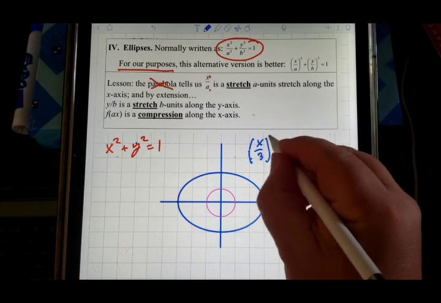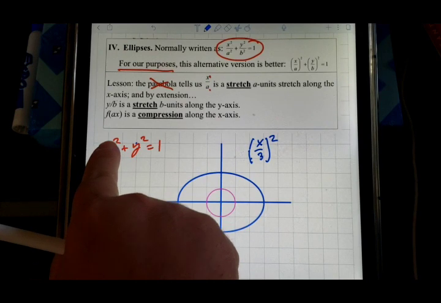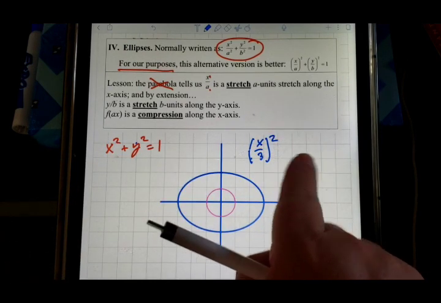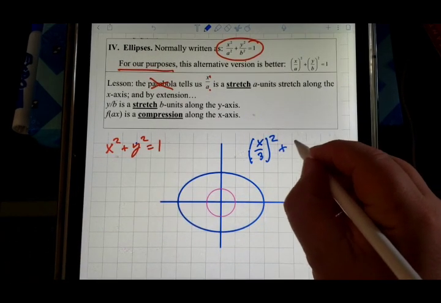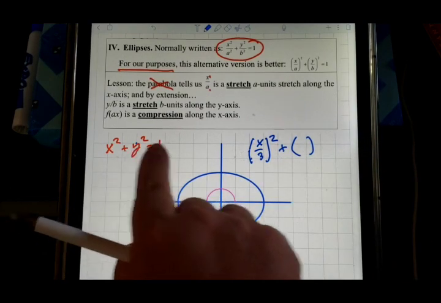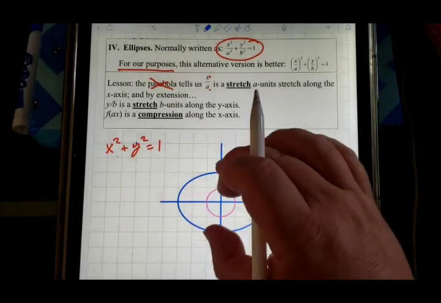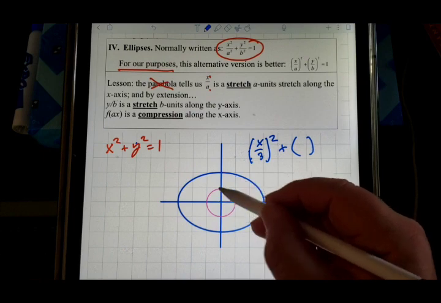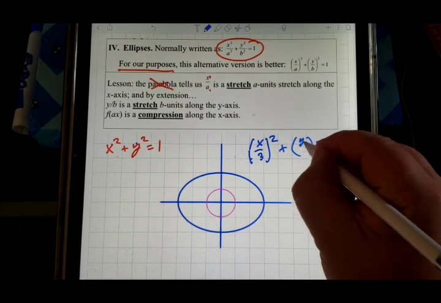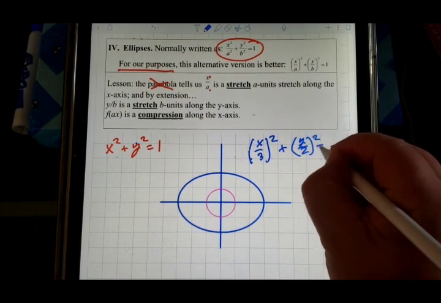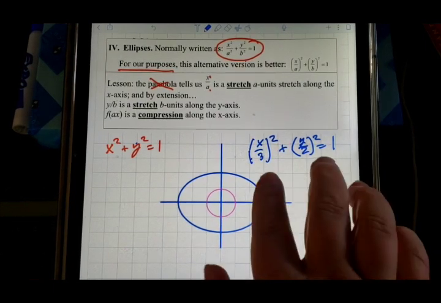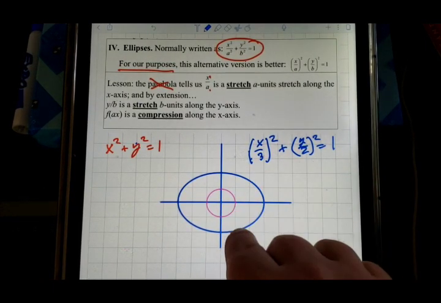You divide by 3. So from x squared to x over 3 squared. I'm copying the plus sign I had before. And along the y-axis, I stretched it 2. So this equation is that new graph.